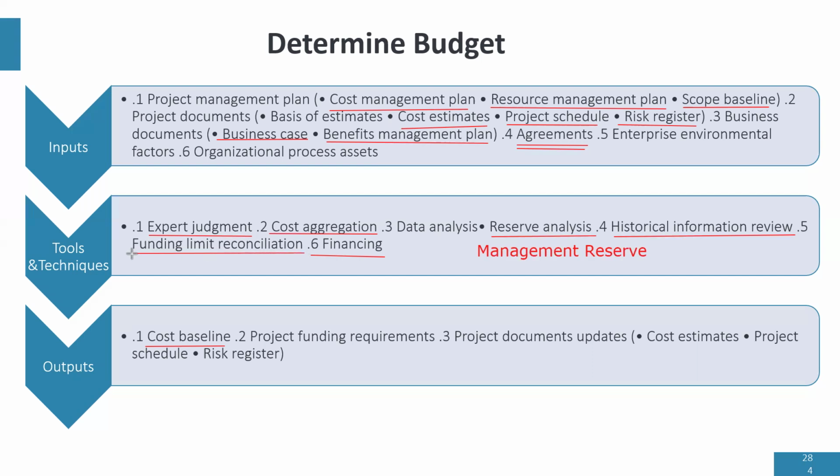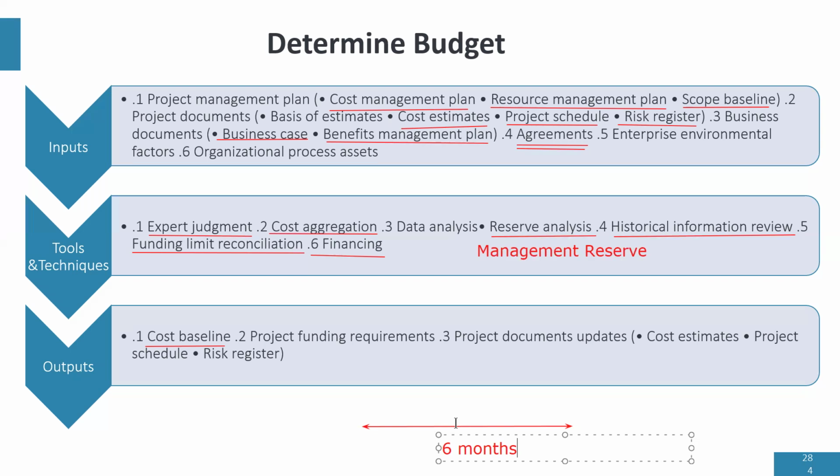And then let's talk about funding limit reconciliation. Now, what does funding limit reconciliation mean? The word funding limit is there. So let's say that for the first 6 months of your project, you look at the activities lined up for the first 6 months, and you cost all those activities, and you discover that you're going to need 100 million, right?